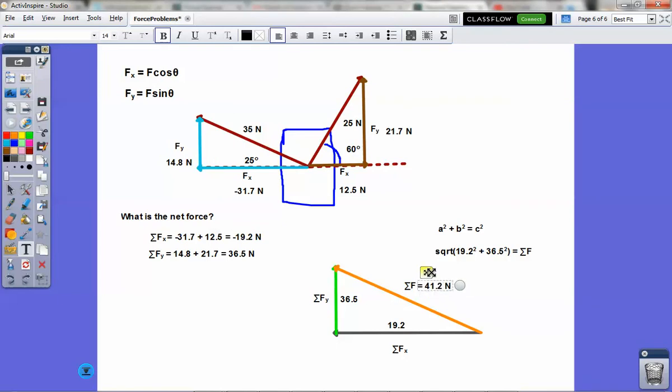Now we know that the force would be pointing in a northwesterly direction. I haven't specified; it could be up and right, up and left, excuse me. But how do I find out what that angle is?